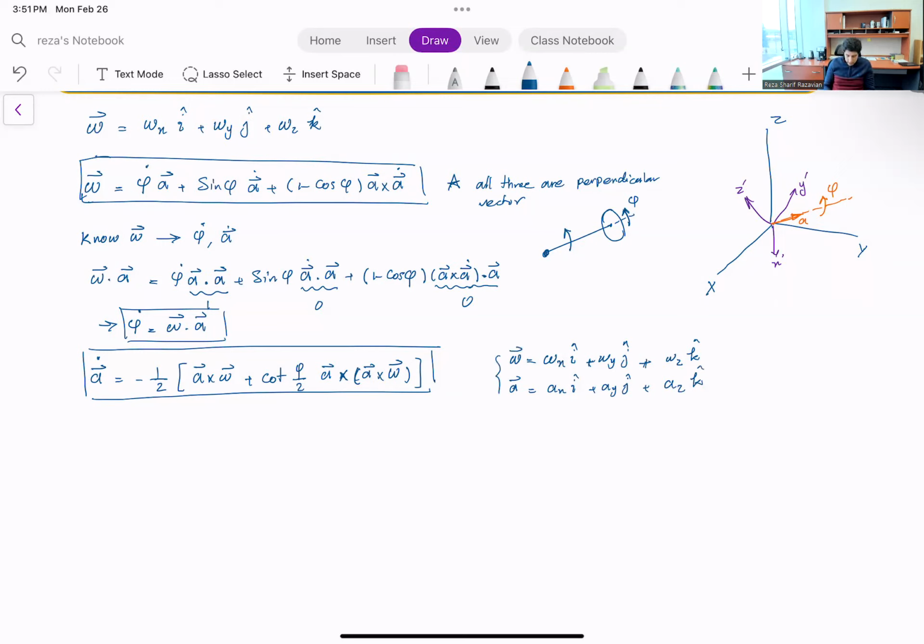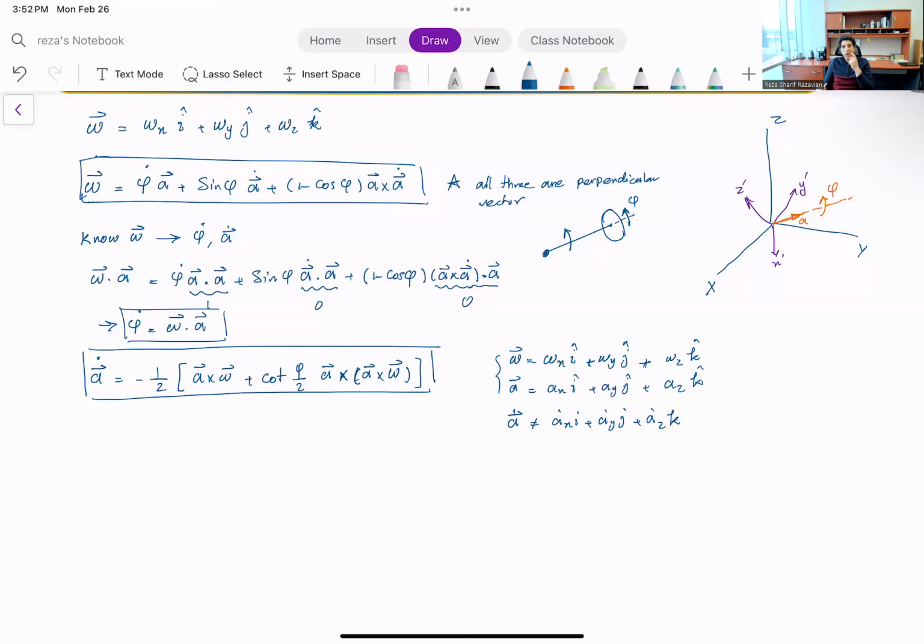But note that this A dot that I have here is the total change of the vector A. So A dot is not A dot x i plus A dot y j plus A dot z k.